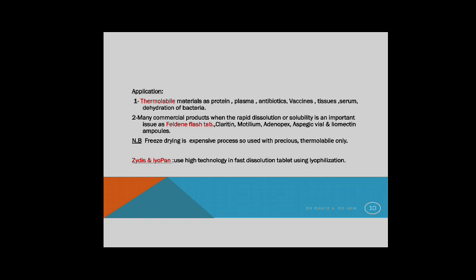Many commercial products, where rapid dissolution or solubility is an important issue, like Fildine flash tablet, Claritine, Motilium, Adenoplex, Aspagic vial, and Leomycin ampoules. Freeze drying is an expensive process used with precious and thermolabile materials only.